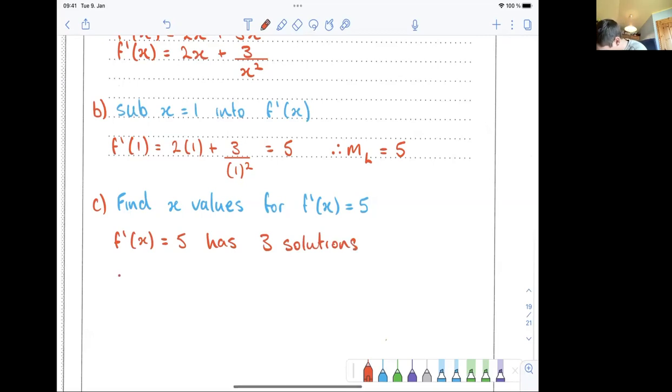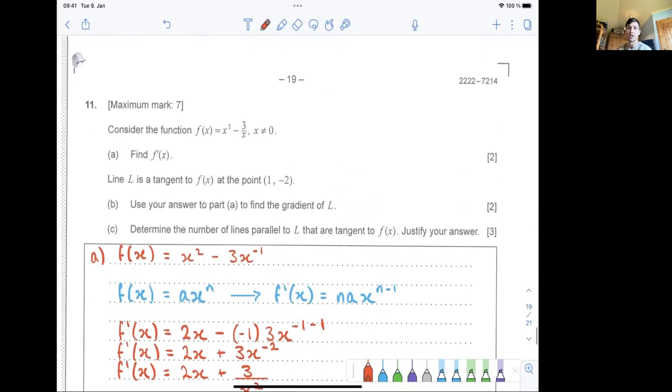And so therefore, there are 2 lines, not including line L. So 2 lines are parallel to line L. And there is the answer to question 11.